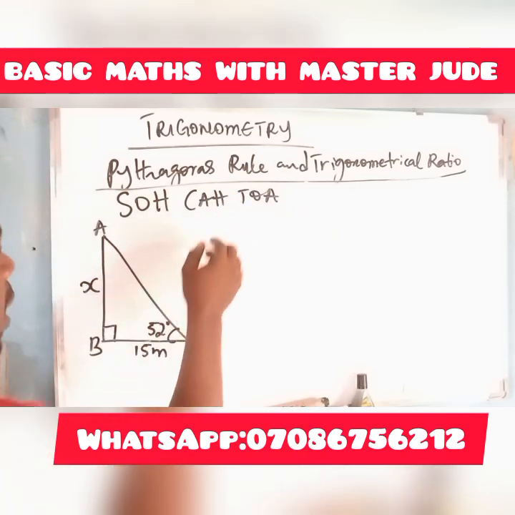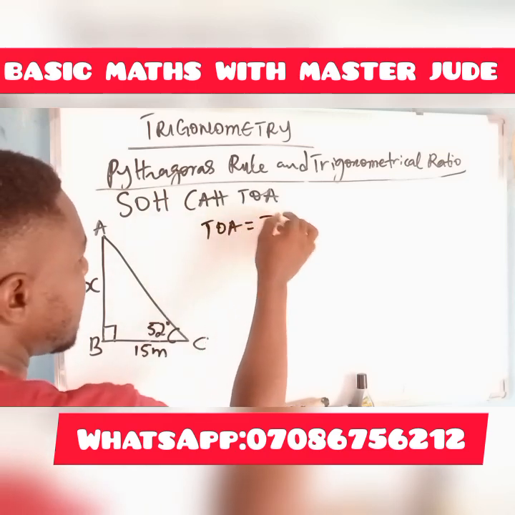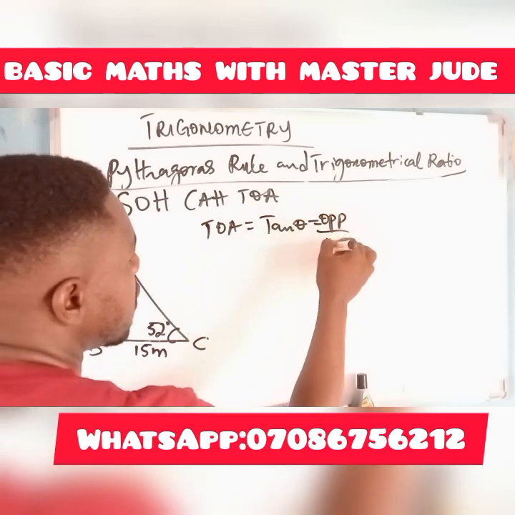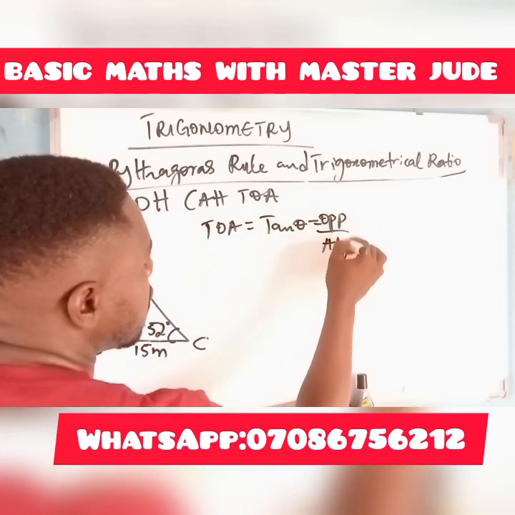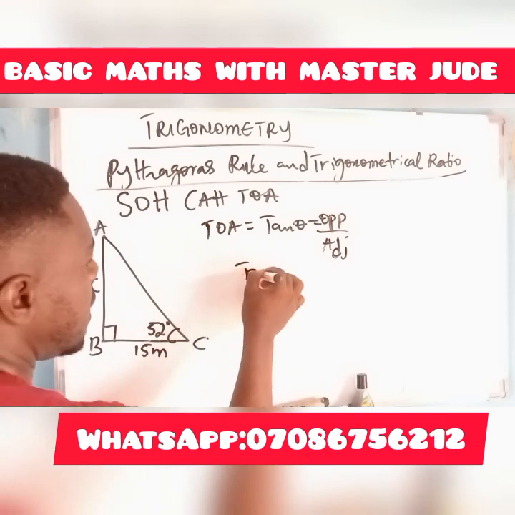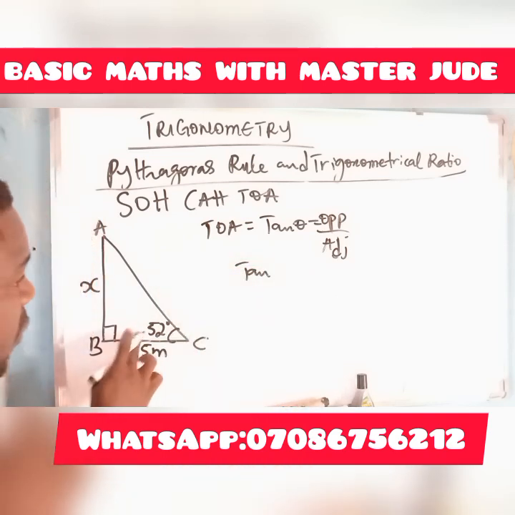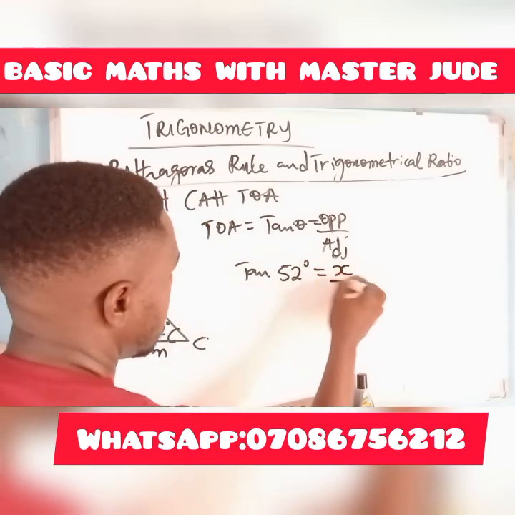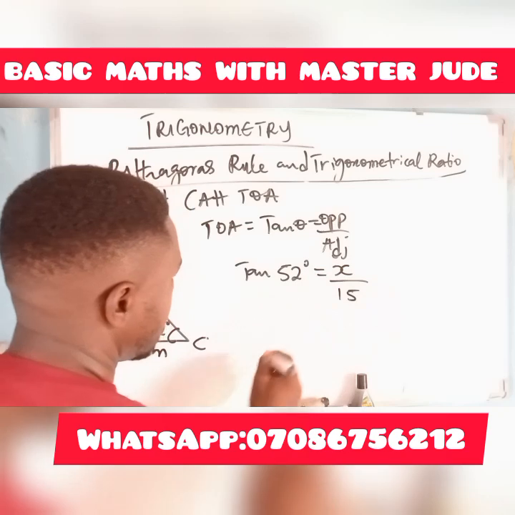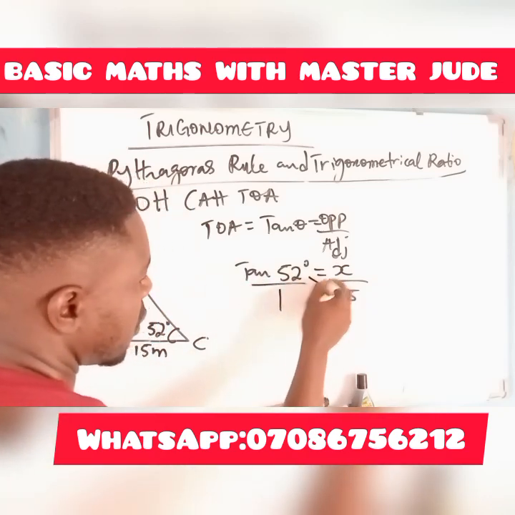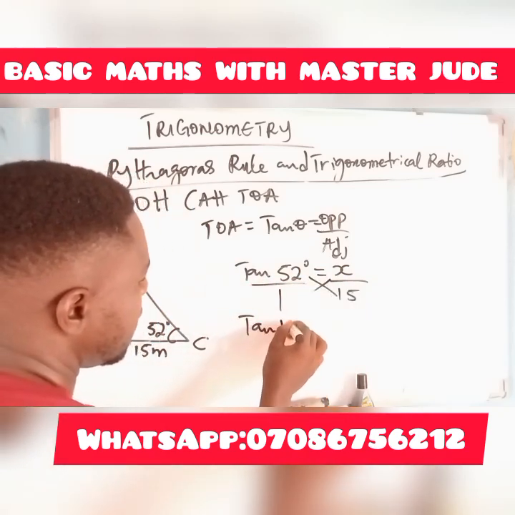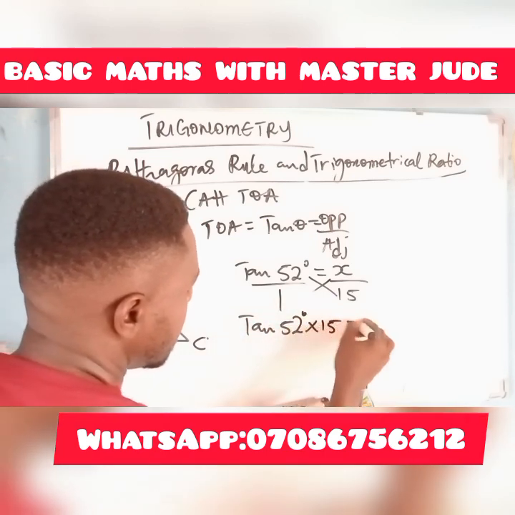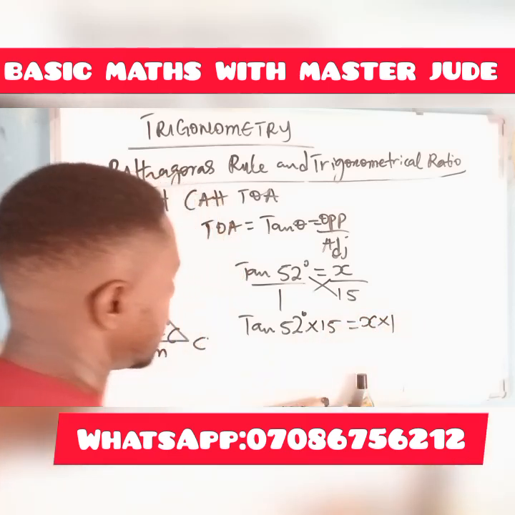Now, for TOA, you have tan theta is equal to opposite over adjacent. And we are given theta to be 52 degrees, so tan 52 degrees is equal to our opposite, x, all over adjacent, which is 15. Now this is over 1. You cross multiply, you have tan 52 degrees multiplying 15 is equal to x multiplying 1.